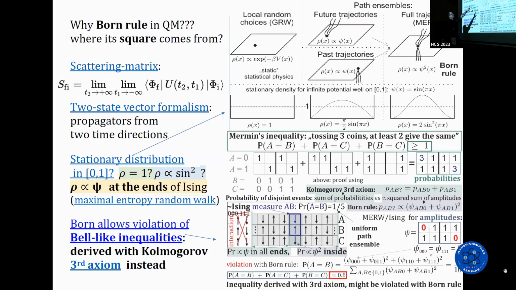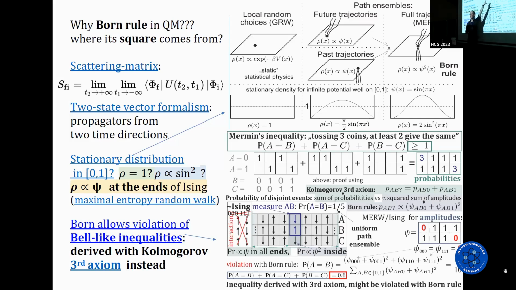There is this inequality simpler than Bell's inequality, Mermin's inequality: that tossing three coins, at least two give the same. It looks very intuitive. However, quantum mechanics in theory can violate it, and also the Ising model. To derive this inequality, here we have three coins, A, B, C, so we have 8 possibilities.